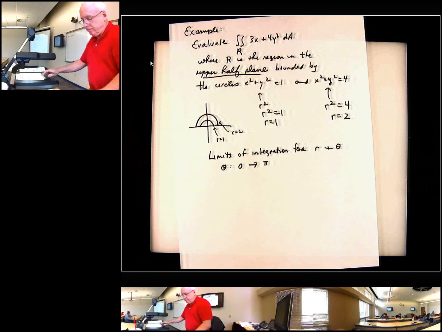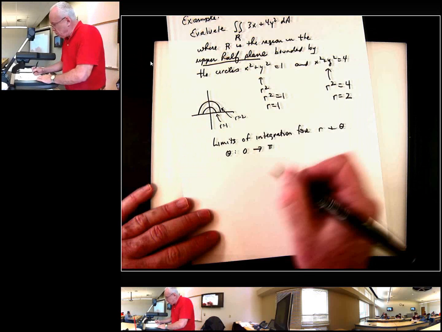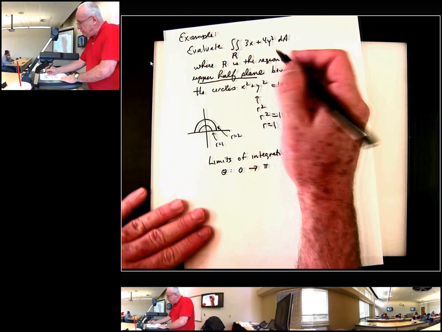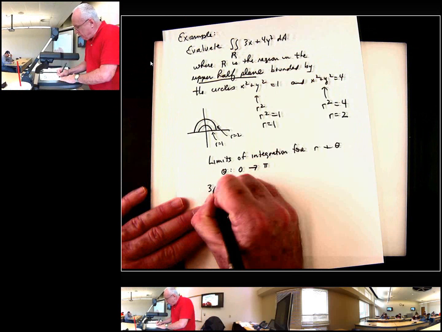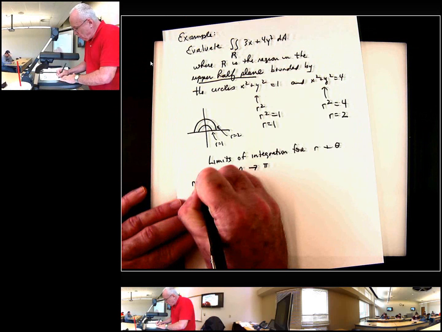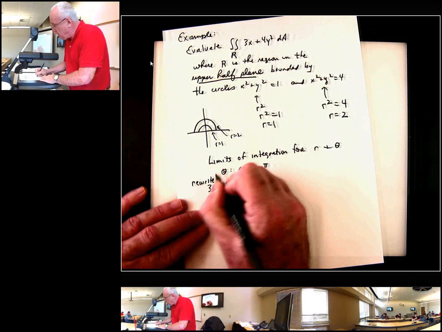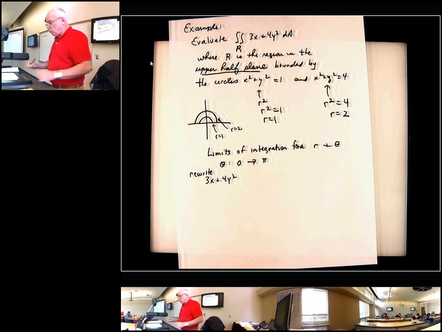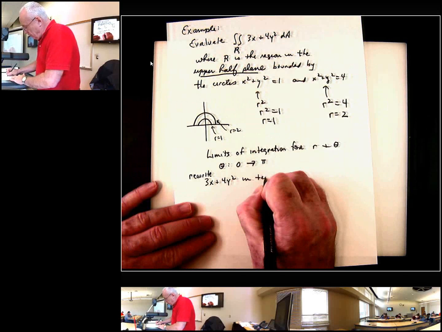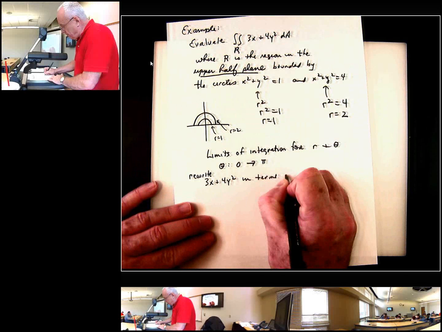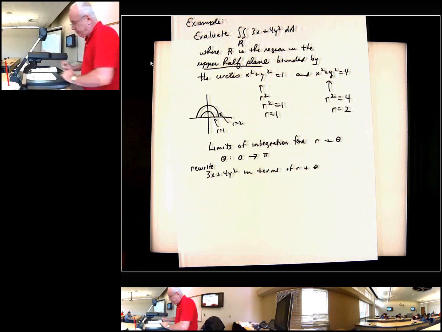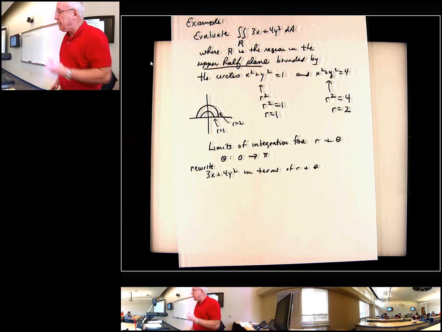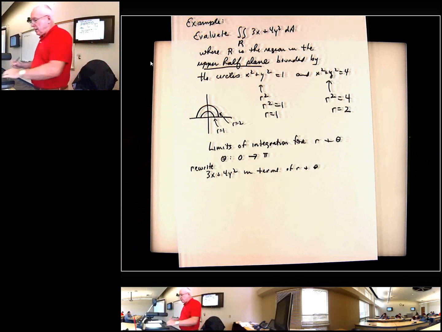Okay. So here's our integral. Well, let's see, wait a minute now. We also need to rewrite 3x plus 4y squared, that's our function, in terms of polar coordinates, in terms of r and theta. So we're going to replace x with r cosine theta.